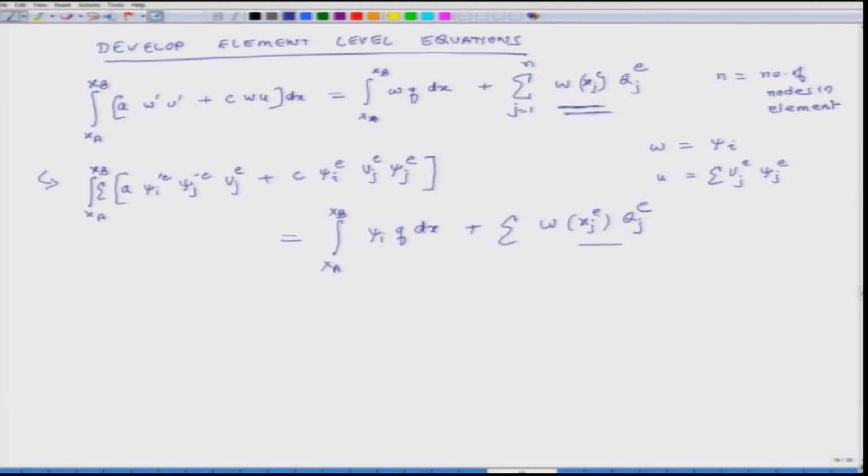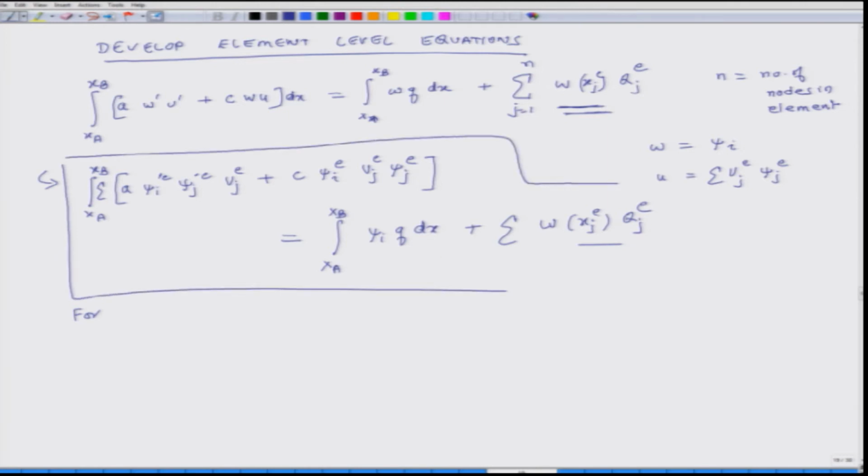Okay. And what we see is that this whole system on the left side is a bilinear symmetric functional. This entire expression is at element level. That is the first thing. Which element level?